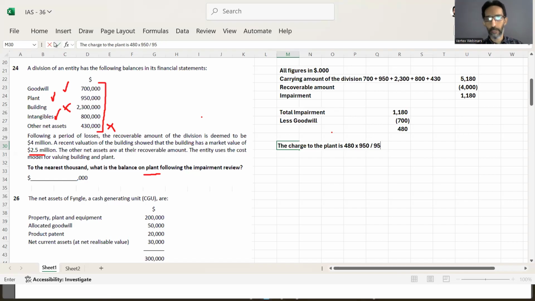That is 950, the value of plant, plus the value of intangibles, 800. With this, we will calculate the charge of impairment for plant.